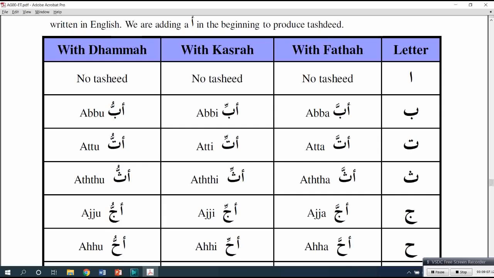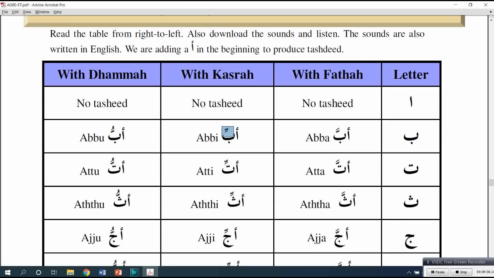So you can see here that the kasra appears under this special style. But if it is fatha, it appears in this way. And this dhamma appears in that way. This is just to help you, whenever you read an Arabic book, to recognize these marks.